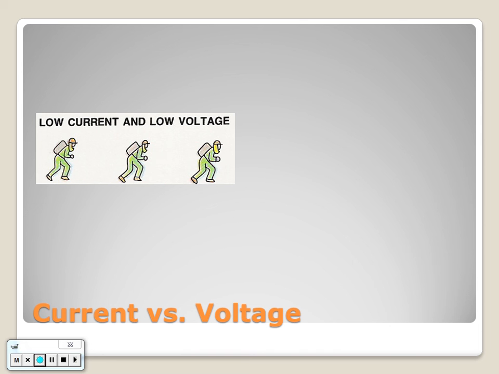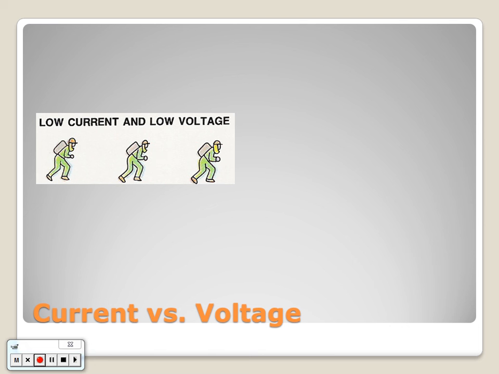So there are two things we have to look at here. Voltage tells us about the energy of each individual charge. Current tells us about how many charges are moving. If we have something that's low current and low voltage, what does that mean?